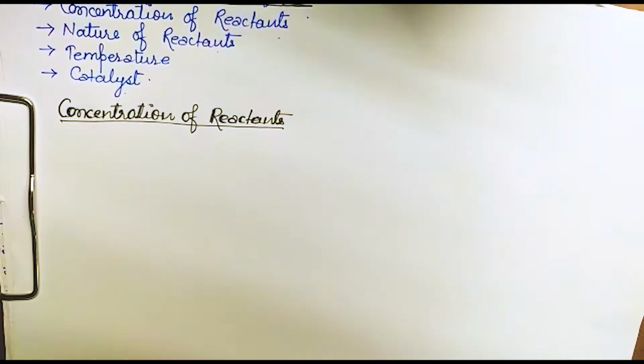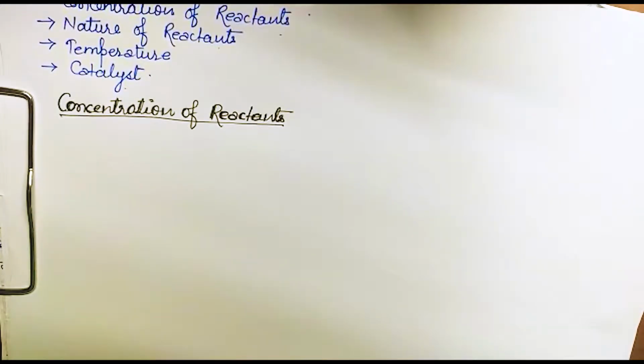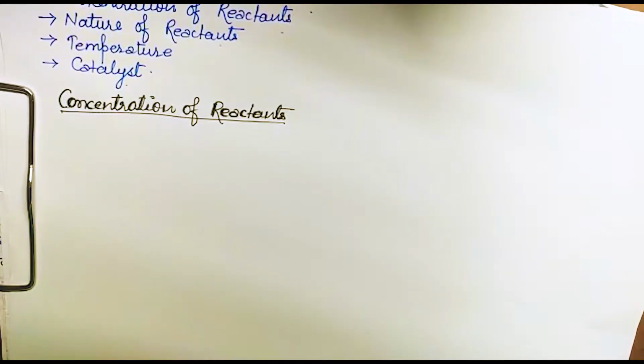See, actually there is a theory, that is the collision theory. That collision theory is at the end of this chapter, although that part is deleted from our NCERT syllabus this year, but we will do it. I'm going to explain the basic thing in the collision theory.